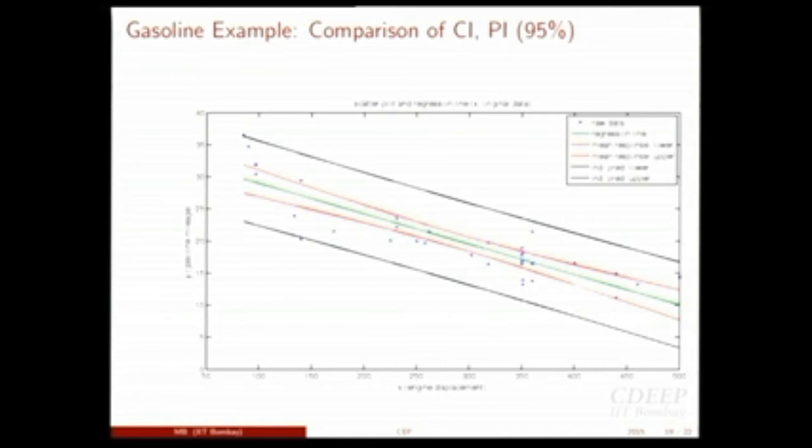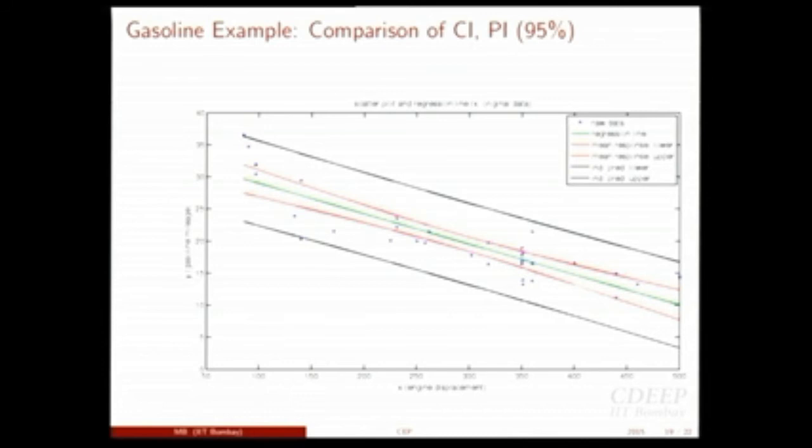So when you report the data back to the experimentalist, it's not adequate. Well, I should not say okay. It's not enough to just report this green line. Apart from the green line, you should also report these two curves, the pair of red lines, as well as the pair of black lines.